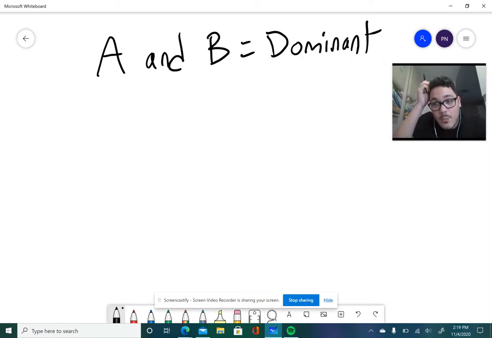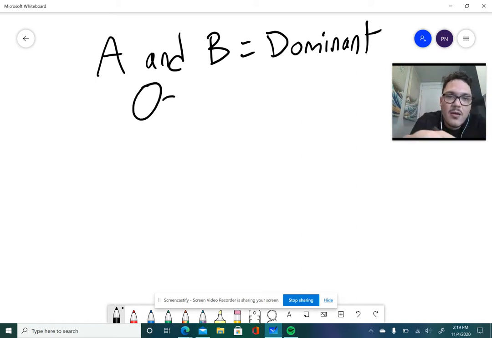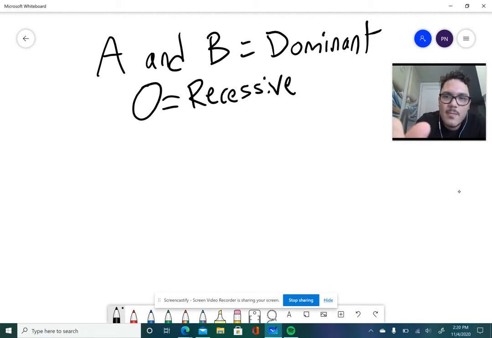So when a child is born with type AB blood, for instance, that's a co-dominant situation where literally both traits are equally dominant. Type O, on the other hand, is going to be considered a recessive trait. Recessive traits are traits that don't normally express themselves, so they're not normally part of your phenotype unless that's the literal only genes you have.